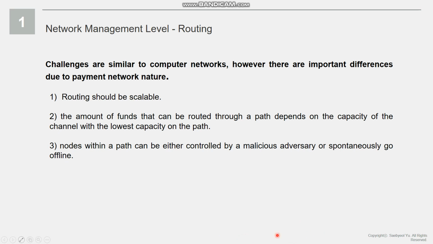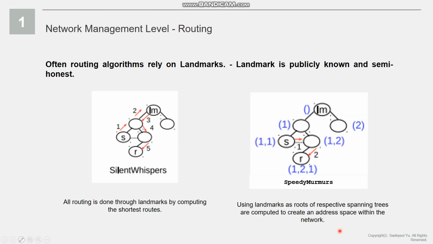However, there are important differences due to the payment network nature. First, routing should be scalable, and the amount of funds that can be routed through a path depends on the capacity of the channel with the lowest capacity on the path. And the nodes within a path can be either controlled by a malicious adversary or spontaneously go offline.